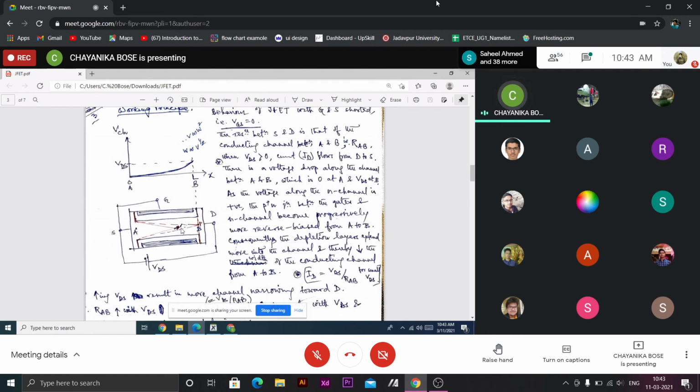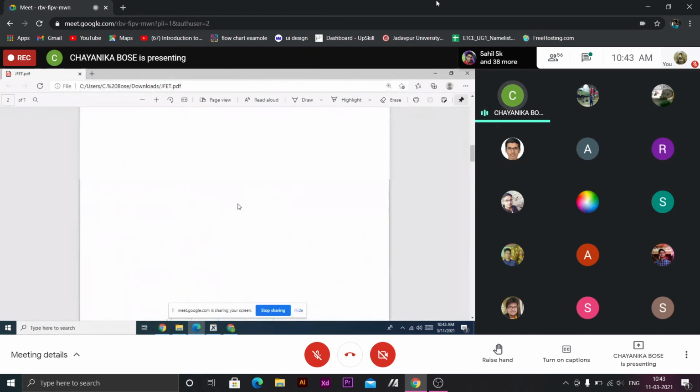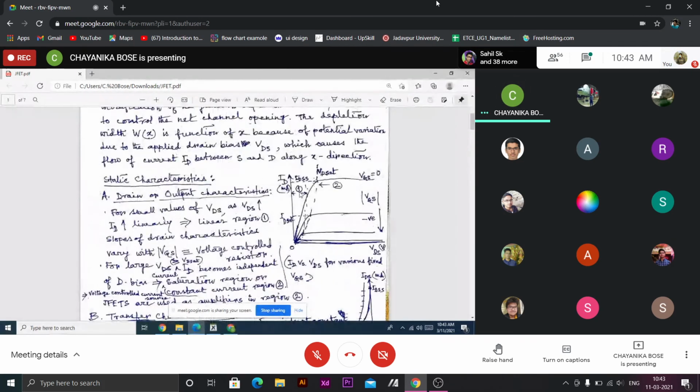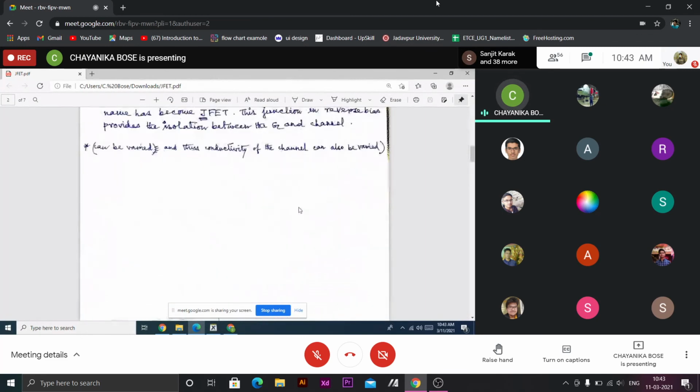Now how will the current flow? We will see that the current does not increase further. It remains constant. Once pinch-off takes place, the current does not vary with VDS. Why? There is no channel. The entire channel is pinched off.